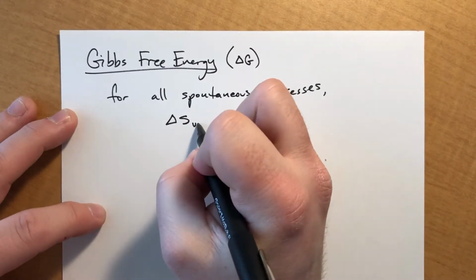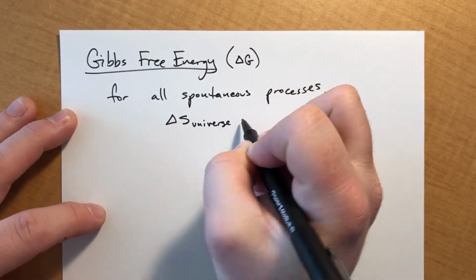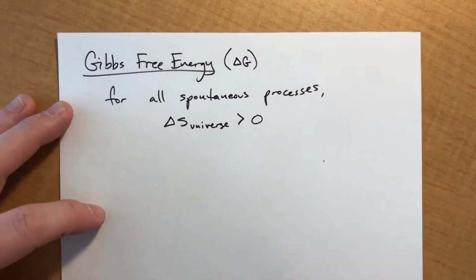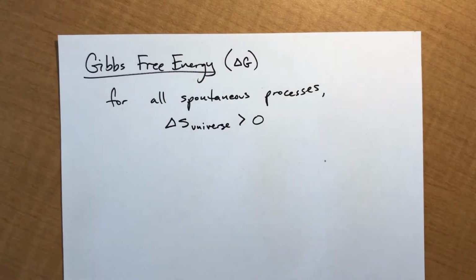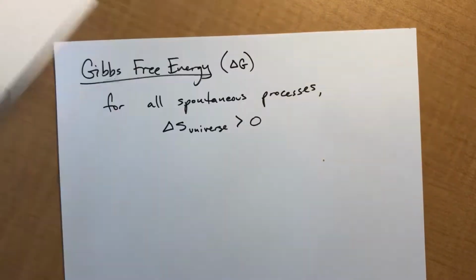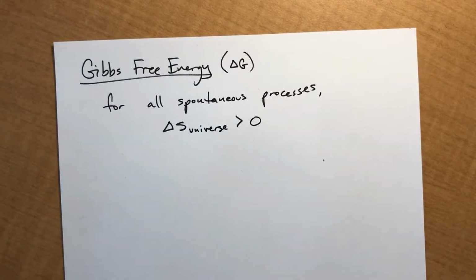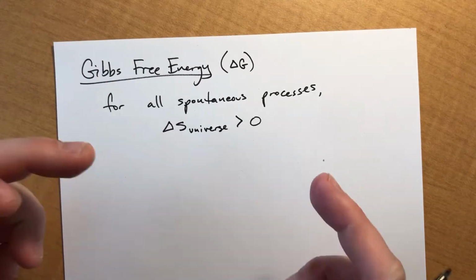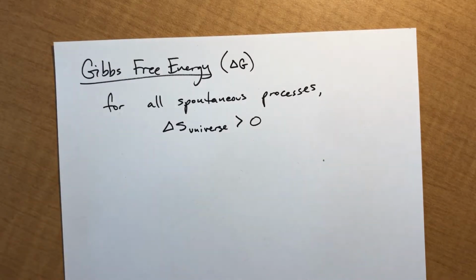The entropy of the universe for every reaction has to be positive. Well, we just saw a reaction in the last video where it came out negative. Does this mean this reaction won't happen? Well, it turns out that delta S of the reaction is not the full story.